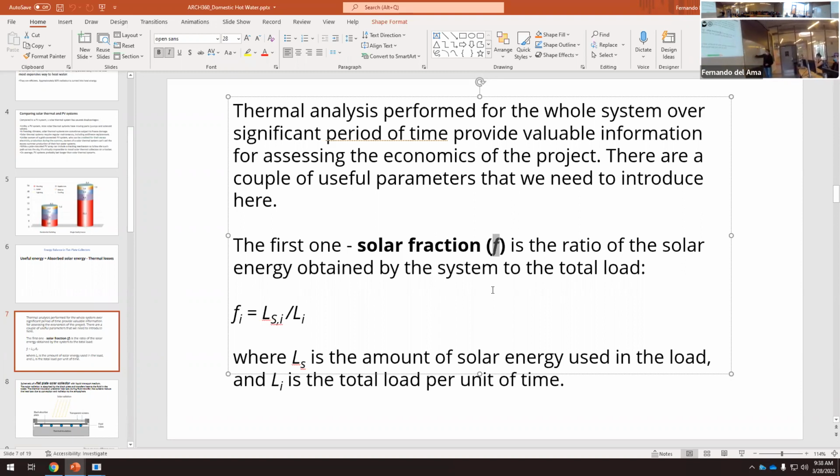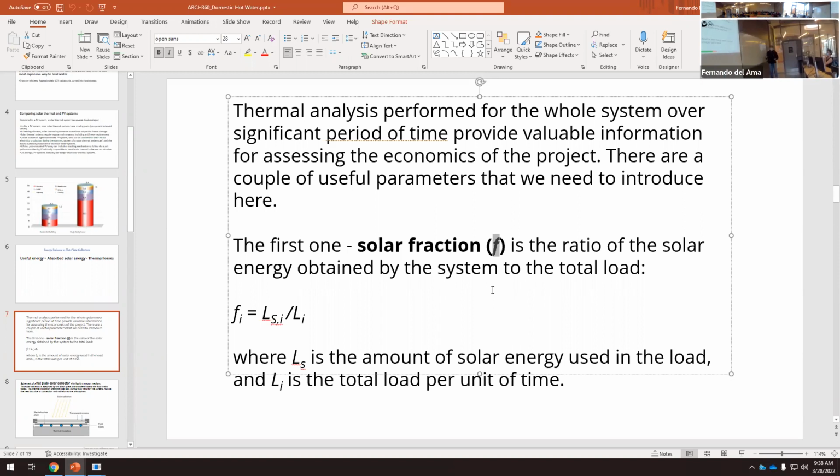If this is a water pipe, and this is the inlet, and that's the outlet, and this is the solar radiation, what do we have? We have the amount of fluid through this pipe. This is the inlet temperature, and this is the outlet temperature.